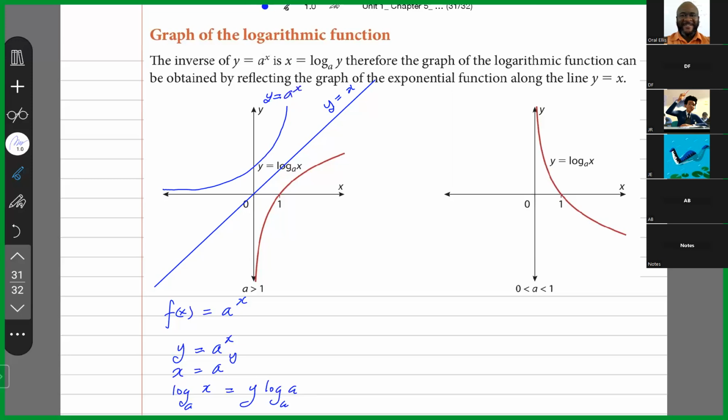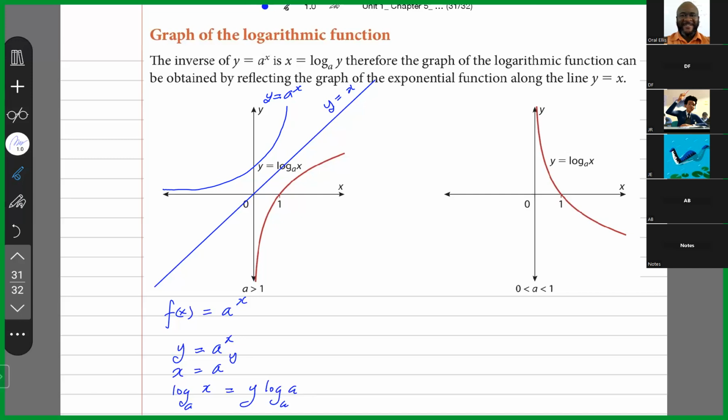So if we reflect y is equal to a to the x in the line y is equal to x, we're going to get the graph of y is equal to log to the base a of x. And the reason for that is that y is equal to log to the base a of x is the inverse of y is equal to a to the x. All right.